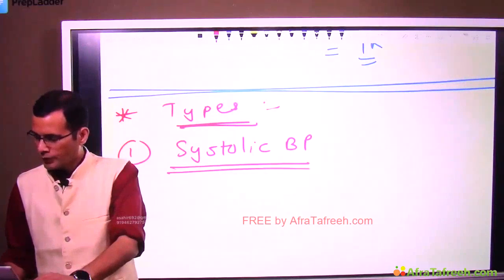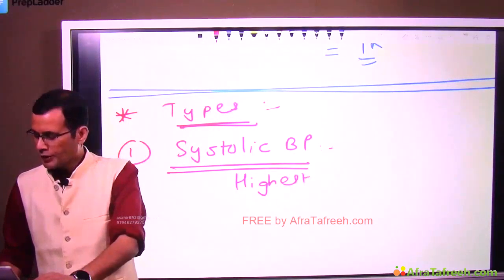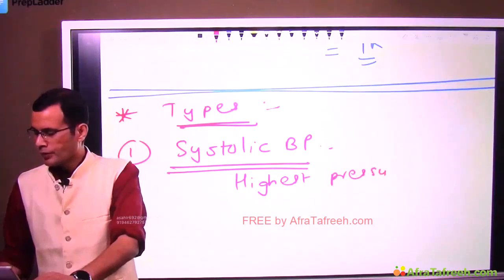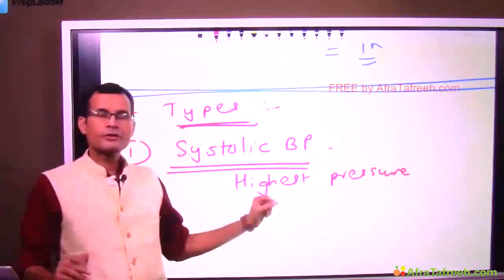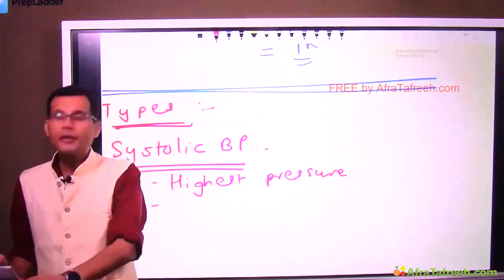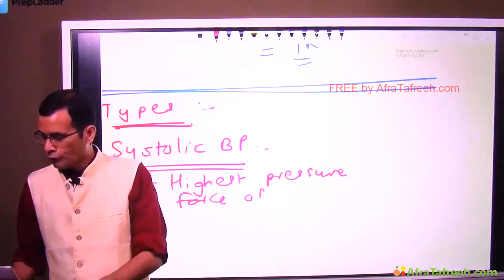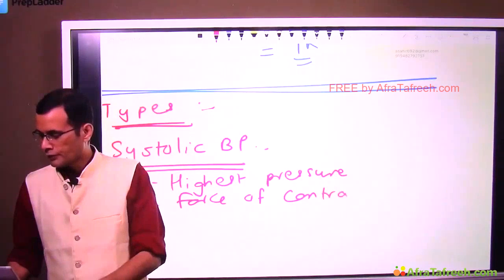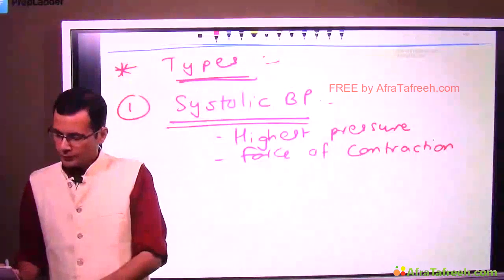So, systolic BP, the highest pressure in the circulation when the heart goes in systole. That's called systolic blood pressure. And it indicates what? It indicates the force of contraction of the heart.